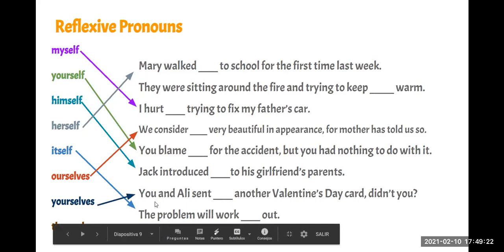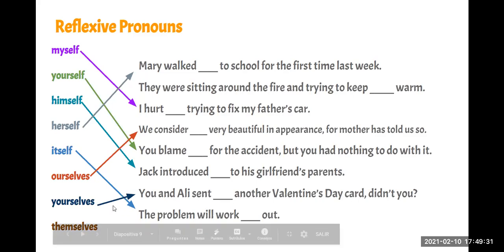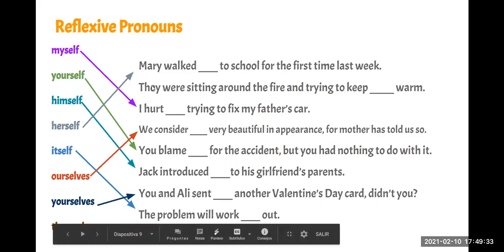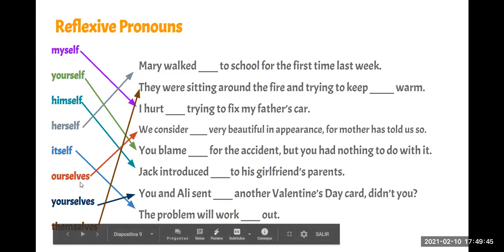Okay, when we have you and another person, significa ustedes, ¿cierto? You y otra persona, ustedes. Yourselves. And then we have here, they were sitting around the fire and trying to keep themselves warm. Okay, so remember the pronunciation, self, with F, and selves, with S at the end.